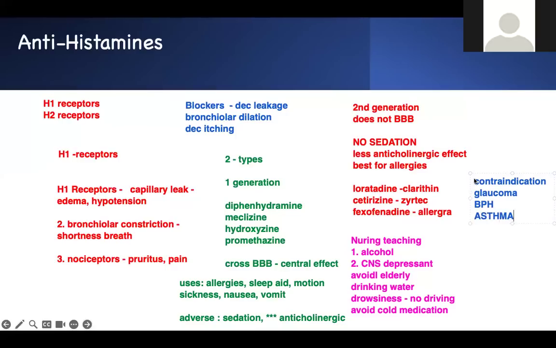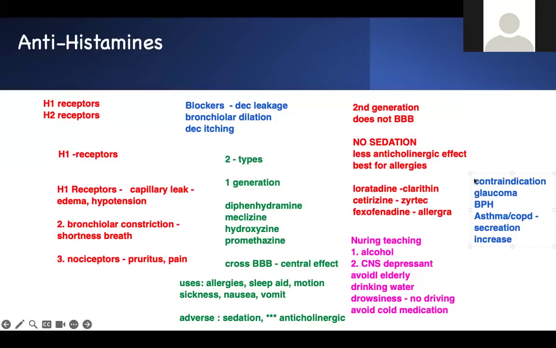If you have asthma or COPD, you should also avoid it because it can increase secretions. And asthma people don't like secretions. So these are some of the things you have to know. Of course, the anticholinergic effects: dry mouth, right? Constipation, urinary retention, pupillary dilation. So these are side effects of that.